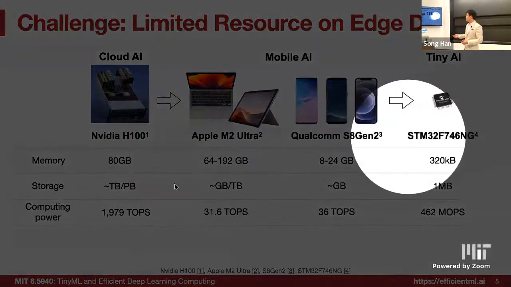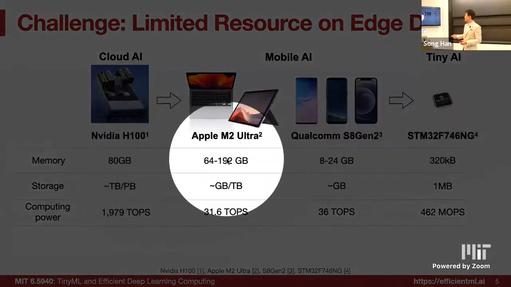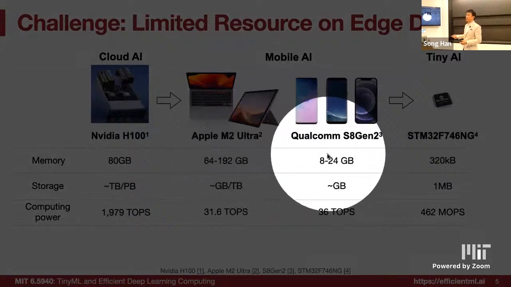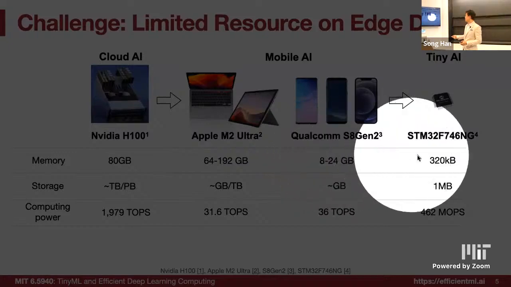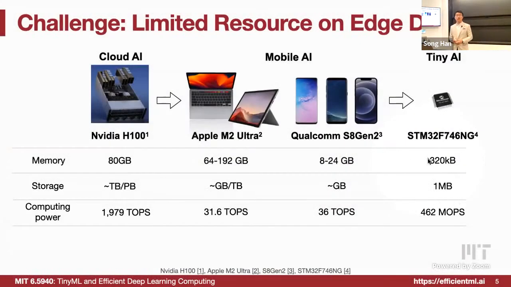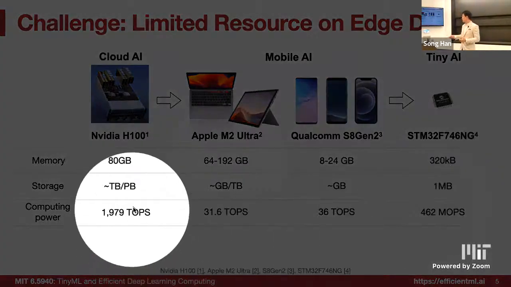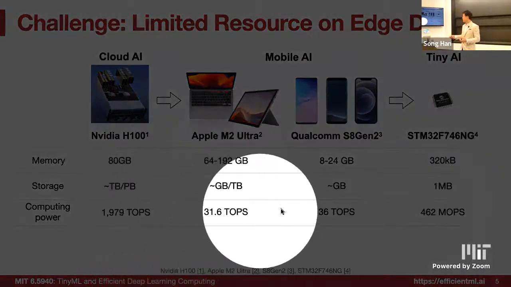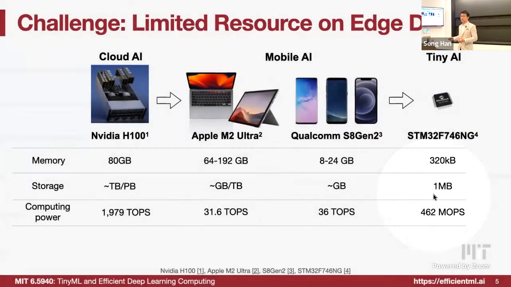The memory for GPU, 80 gigabyte, for the M1, M2, maybe 100 gigabyte, mobile device, 8 to 24 gigabyte, but microcontroller has only 300 kilobyte. And also the compute power, 2000 TOPS, 30 TOPS, and only several hundred million ops per second. So several orders of magnitude difference, which motivates us to efficiently program these devices.